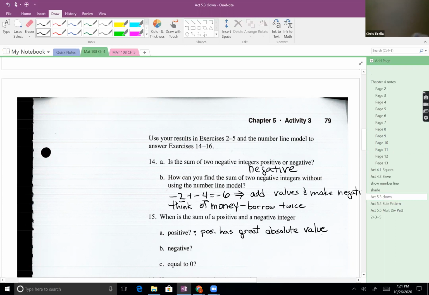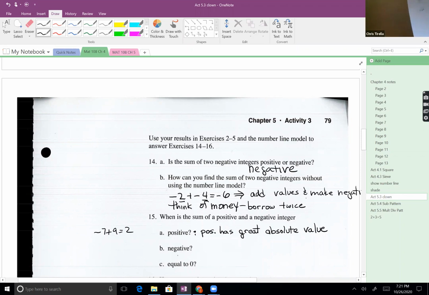When is that sum negative? When did we have the sum of a positive and a negative being negative? In this example, -7 plus 9 was 2.